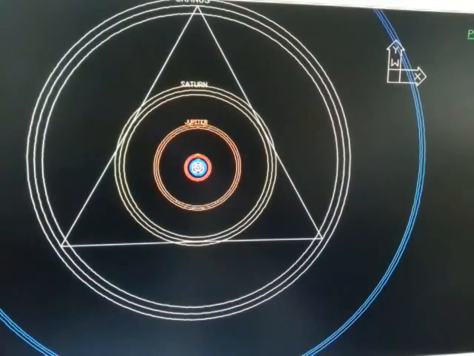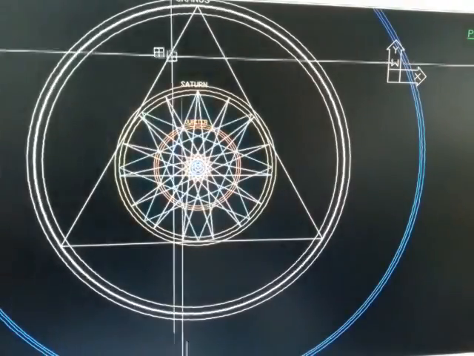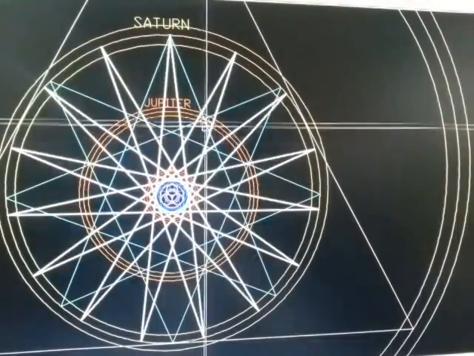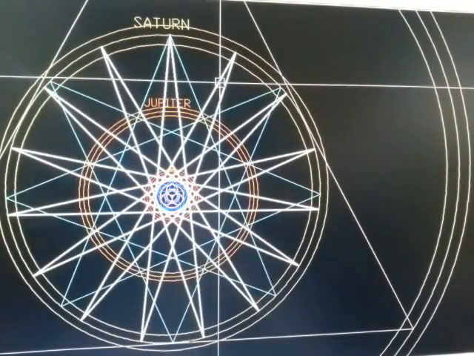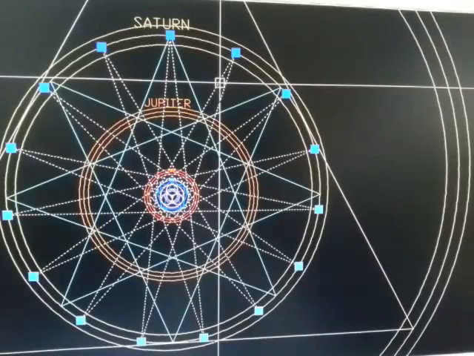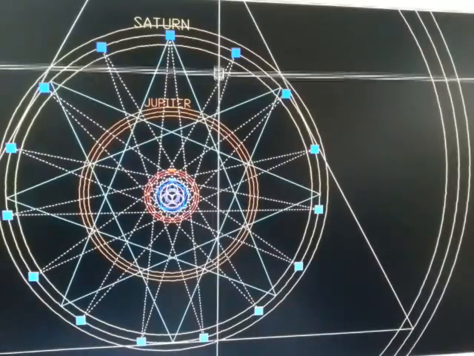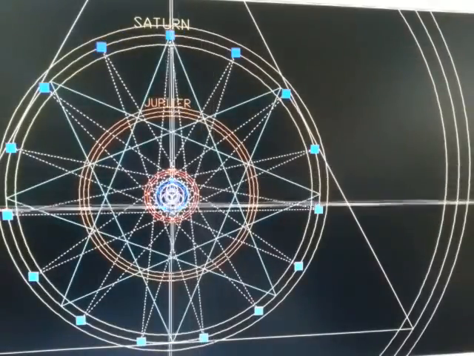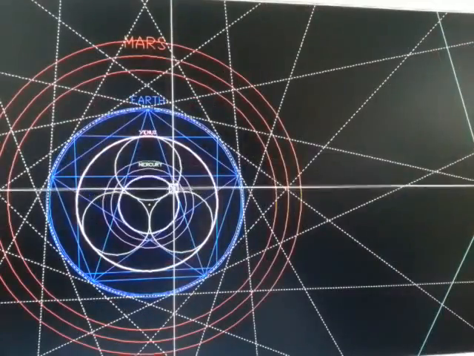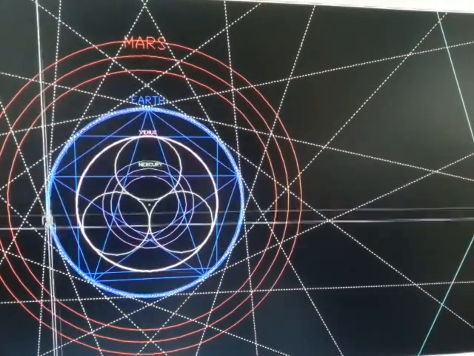And more layers here. Where are they gone? There we go. He also describes how a 15-pointed star, so I'm assuming is that one, in Saturn's mean orbit will inscribe Earth's orbit.